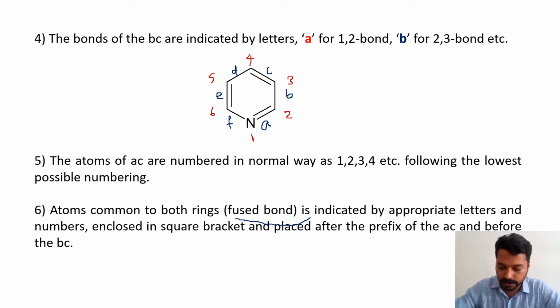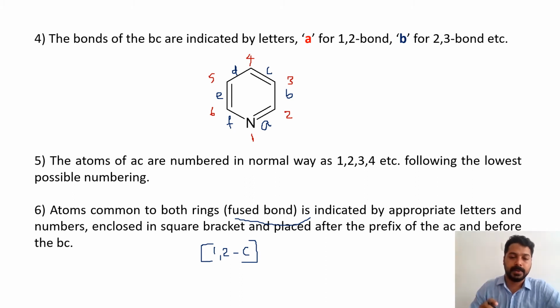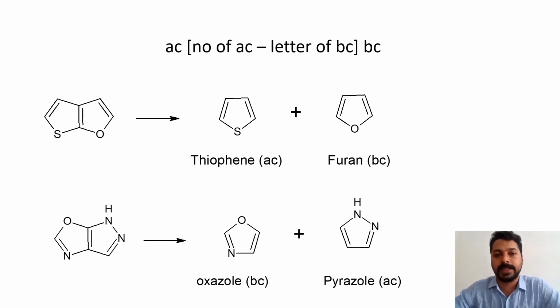So usually in a square bracket you will write the number of the attached component and the alphabet of the base component. This will be added in between AC and BC. So this fused bond will be indicated by a number corresponding to the attached component and a letter corresponding to the base component. Clear? So the name will be like this.